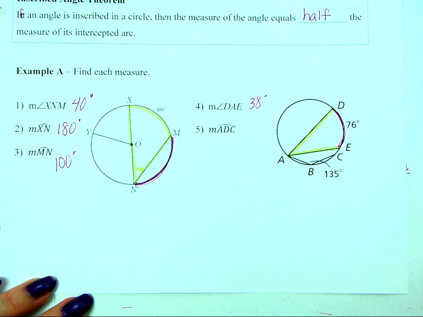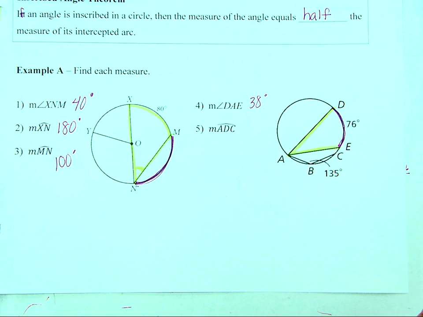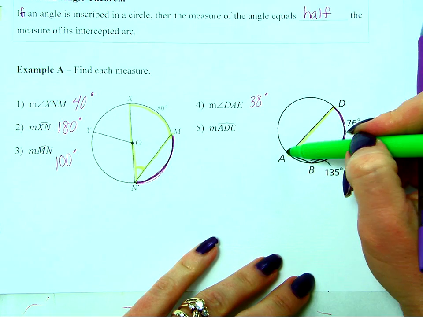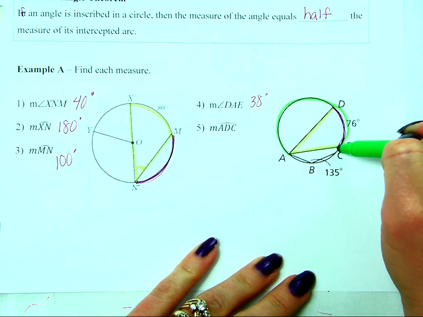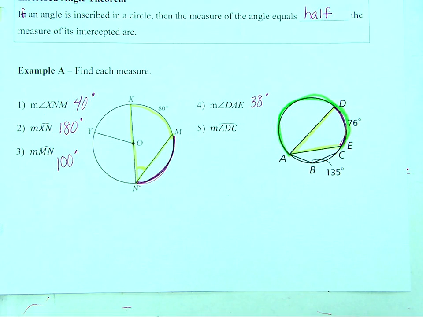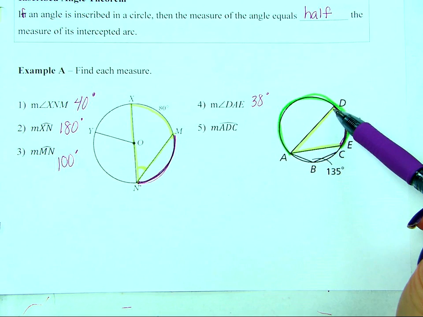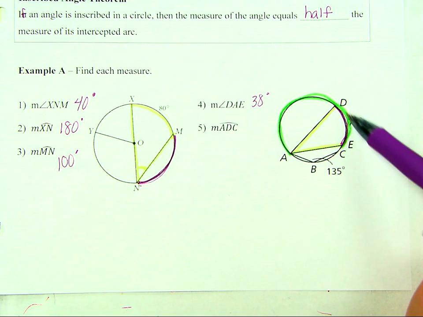The measure of arc ADC. Well, the measure of arc ADC is a major arc, and we want to go in the order of the letters, so ADC will actually be this whole thing. Well, this can be kind of hard to see. I don't know for sure that I have a diameter, so I can't use 180. I only have this 76.